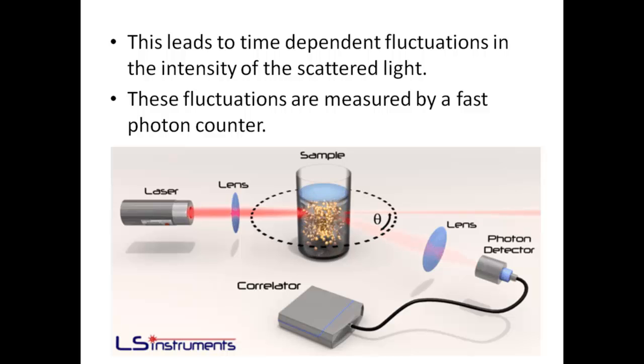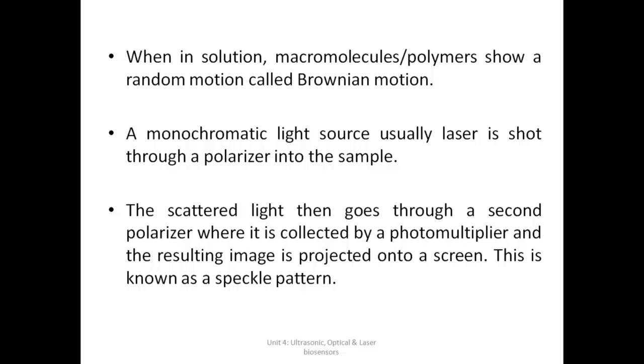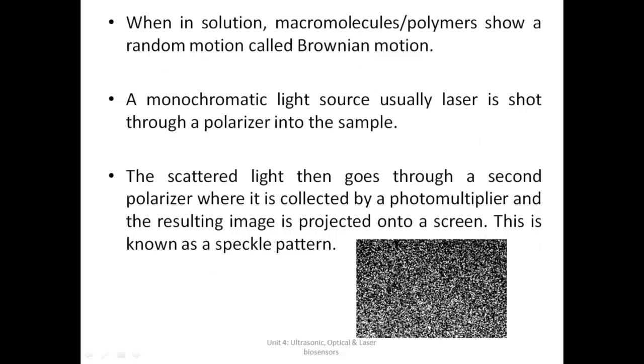When you display the pattern the photodetector is catching on a screen, you get a pattern which is made up of small black and white spots. Like you can see on your screen at the right bottom, this particular pattern is what a laser speckle pattern actually looks like.